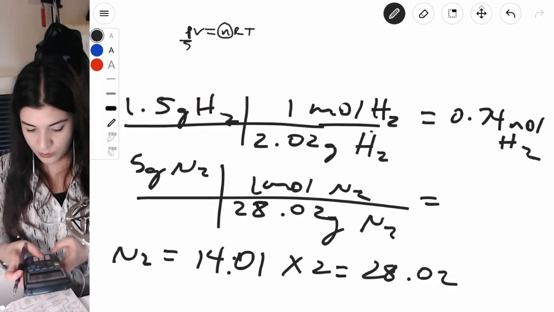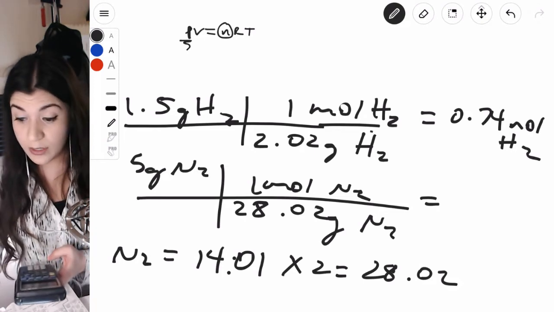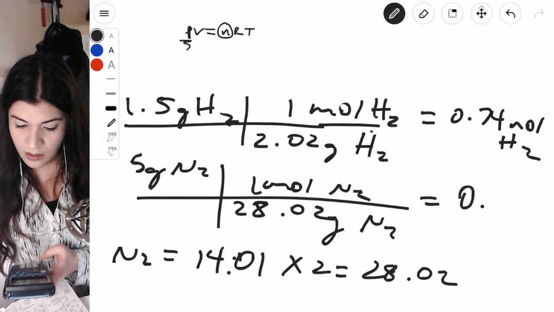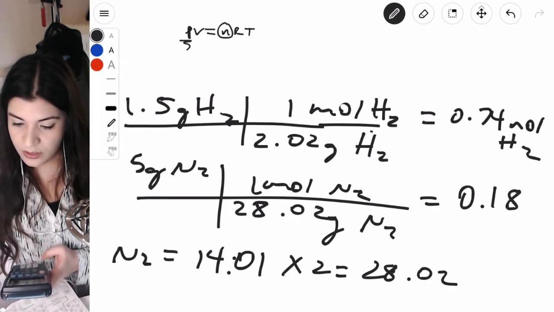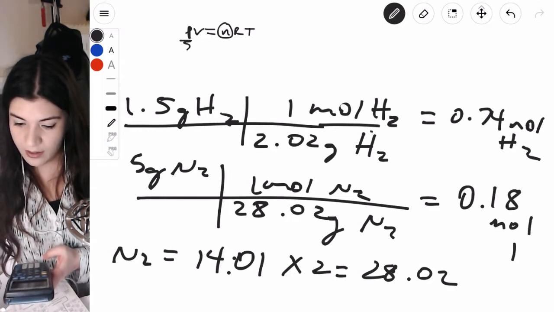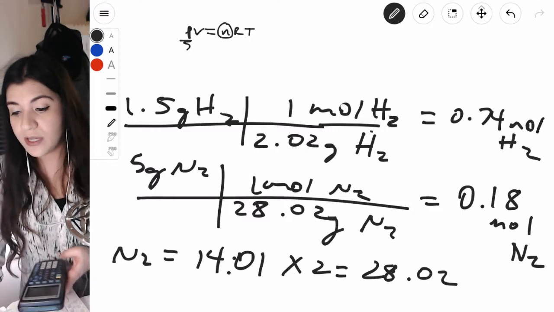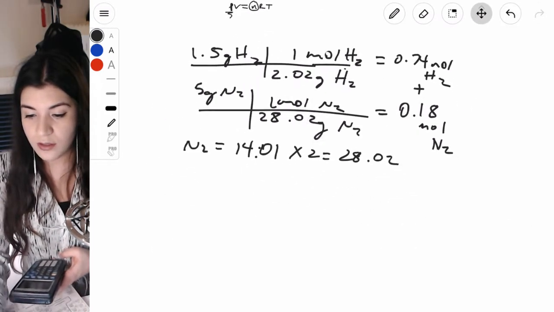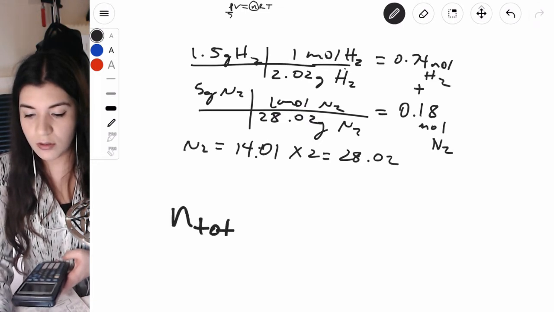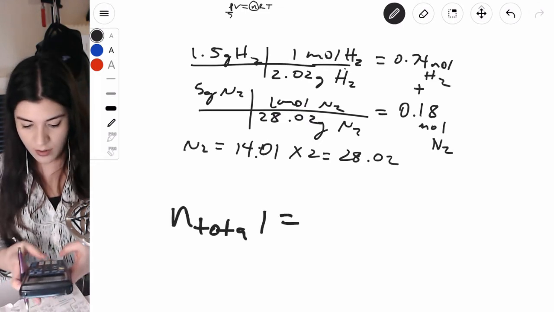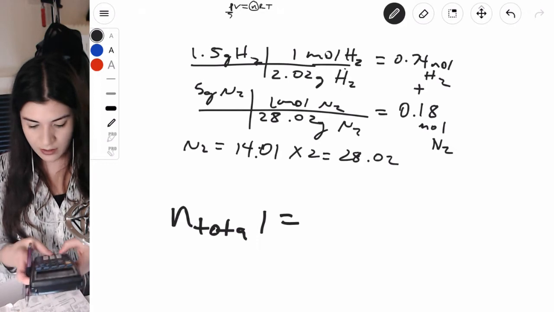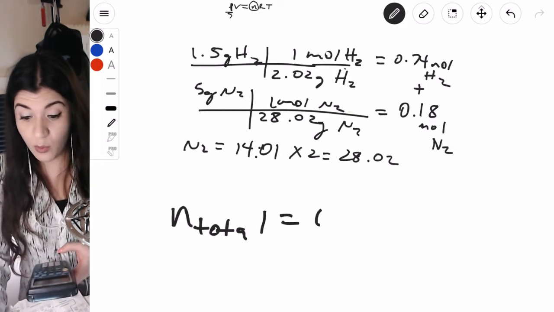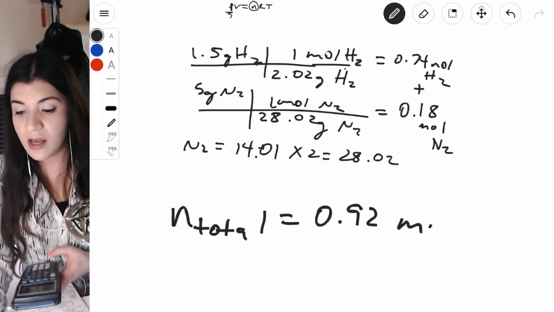Next, 5 divided by 28.02 gives us 0.18 moles of N2. Now we'll add those two together, and that'll give us the total amount of moles. So n total, after adding both of these, gives us 0.92 moles.